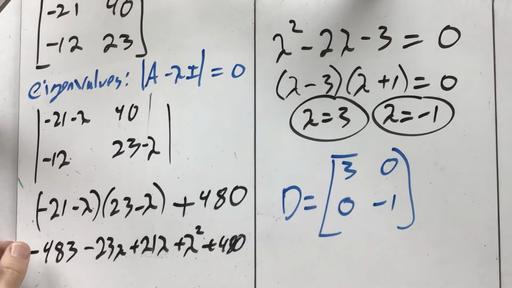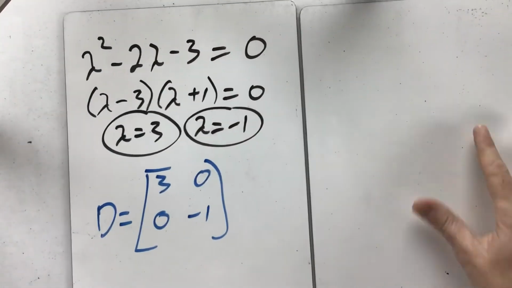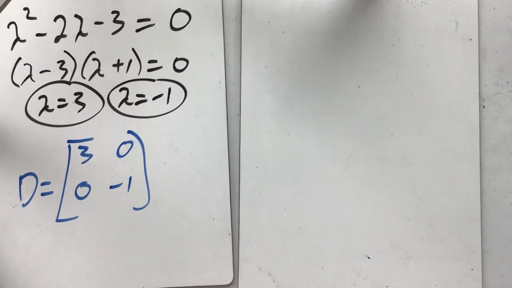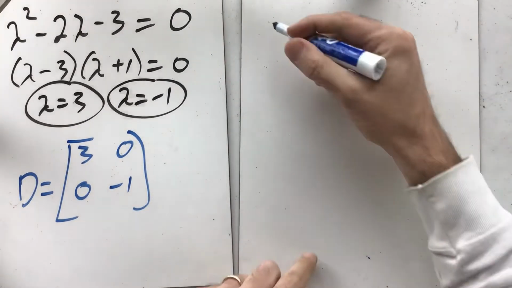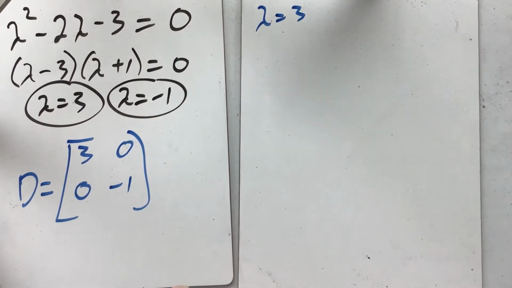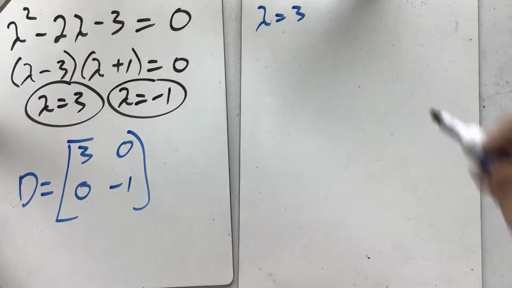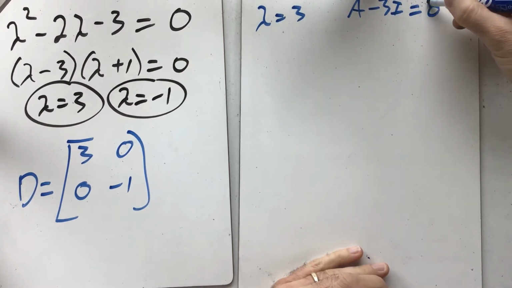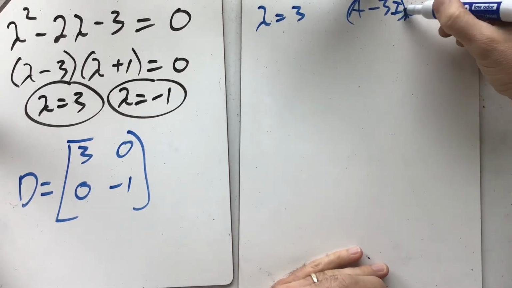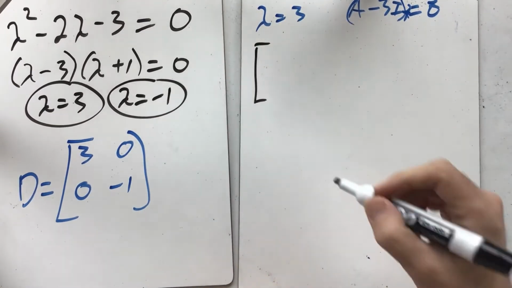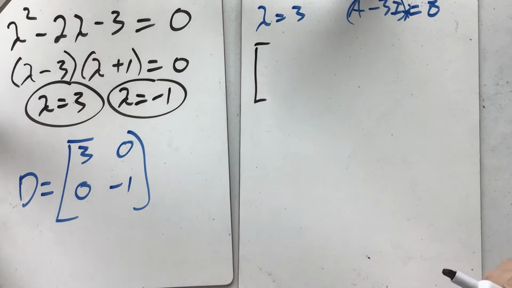Let's do each eigenvalue one at a time. We'll do the lambda equal 3 eigenvalue first. What we're doing is A minus 3I times x, setting it equal to 0 and row reducing. That just means I've got this matrix where I subtract 3 from the diagonal.